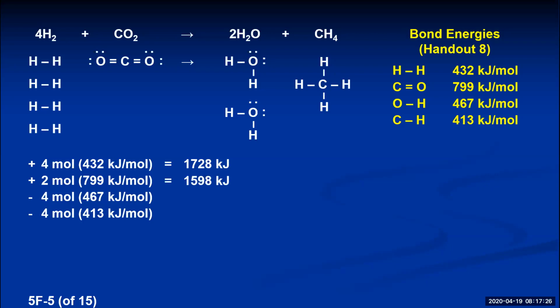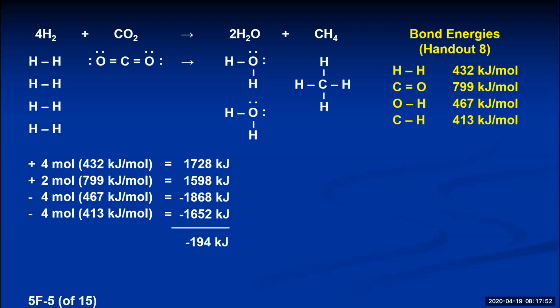To break apart the carbon dioxide C=O double bonds, it would require 1598 kilojoules. When I form my 2 water molecules, I'm going to be releasing 1868 kilojoules. And then when I form my 4 moles of carbon-hydrogen bonds in the methane molecule, I'm going to release 1652 kilojoules. And if you add this up, this is going to give you the entire energy change for this reaction.